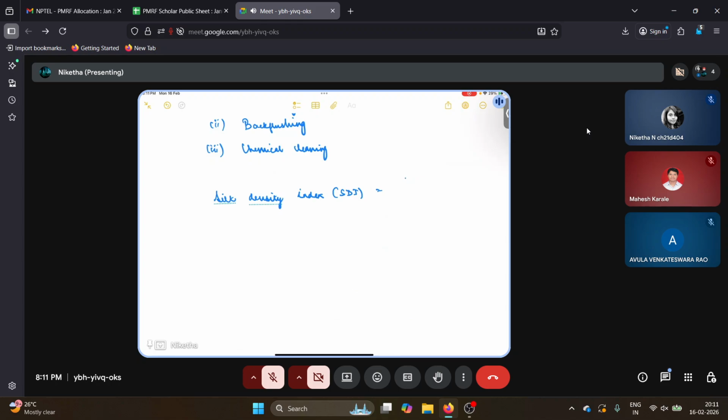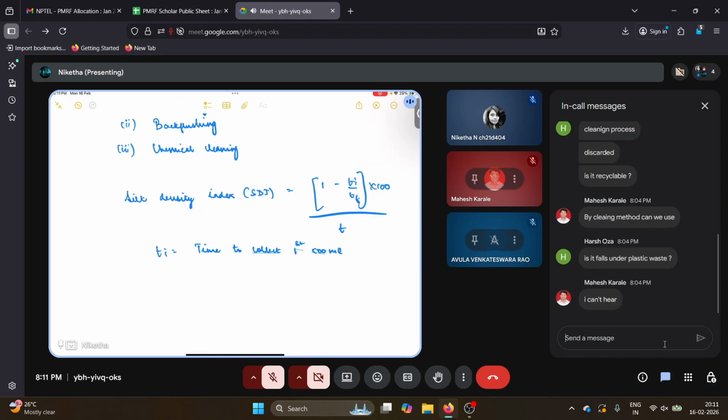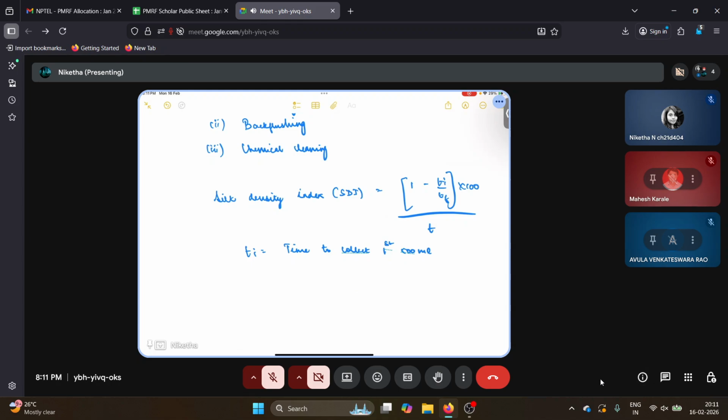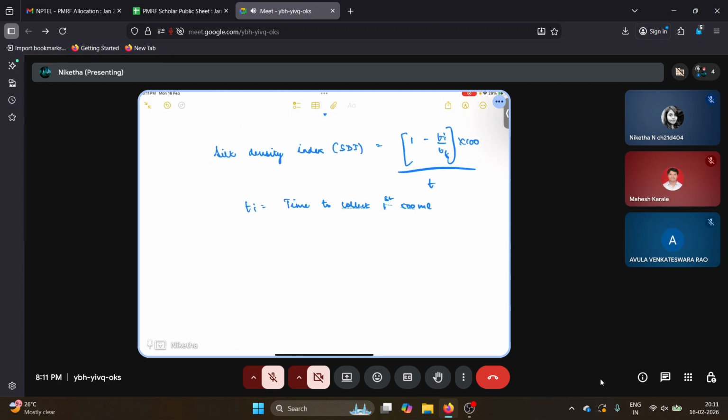So SDI is the ratio of 1 minus Ti by Tf divided by the total time T. Here Ti means the time to collect the first 500 ml, and Tf means the time to collect the final 500 ml.